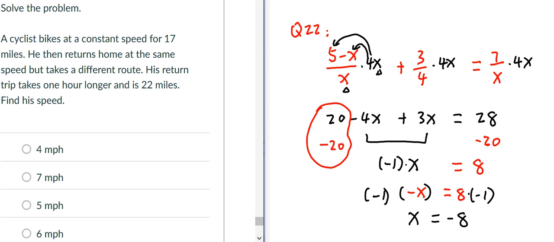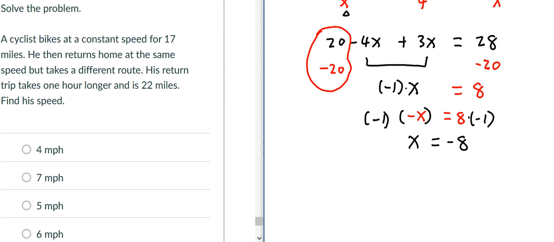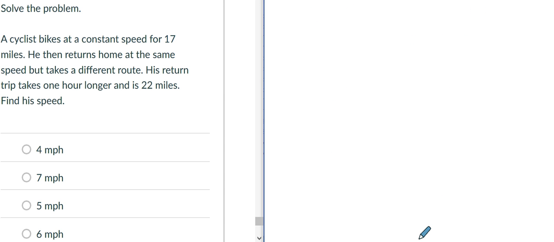Now, the last one. Here is the story problem. We want to solve the problem, and you see a cyclist bikes at a constant speed for 17 miles. So we have a speed we don't know, let's say it is v.